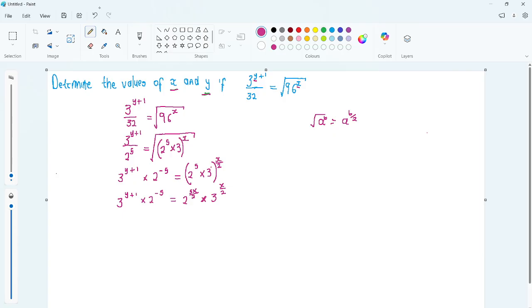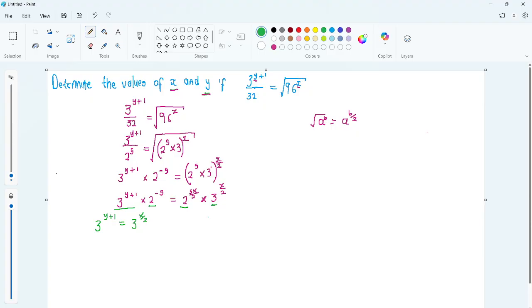Now, let me use a different color. This 3 and this 3, these bases are the same. So it means that 3 to the y plus 1 is the same as 3 to the 3x divided by 2, because the bases are the same.